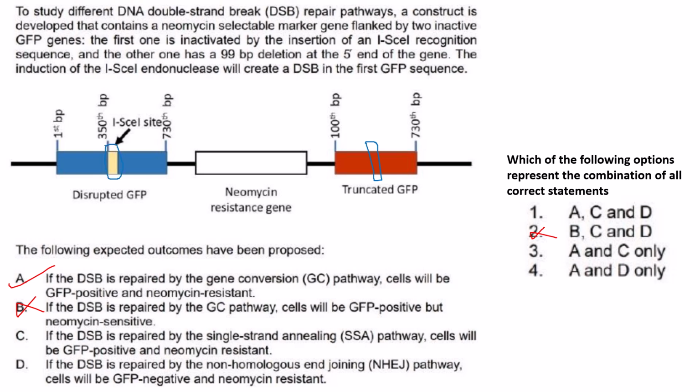Okay, now this flanking sequence, that is somewhere over here, and over here, that is on either side of the break, will be homologous to this flanking sequence over here.